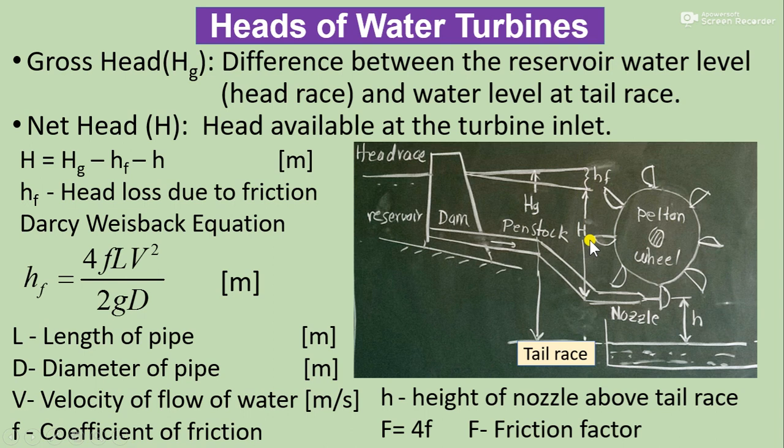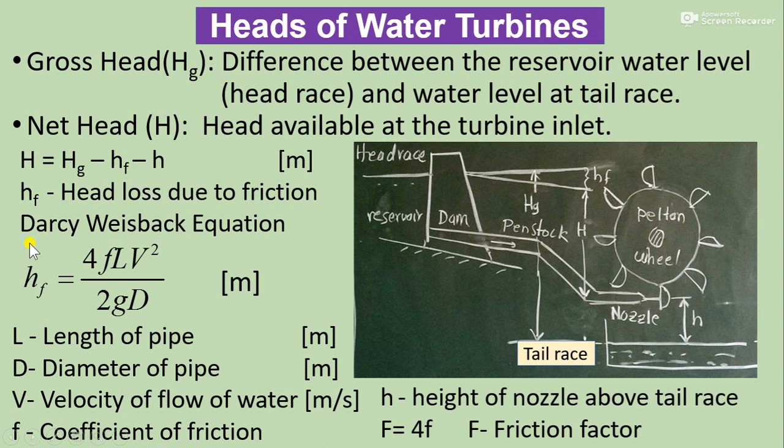This is capital H, that is net head, which is head available at the turbine inlet. So capital H is equal to Hg minus Hf minus h, where Hf is loss of head due to friction in meter and h is height of nozzle above tailrace.